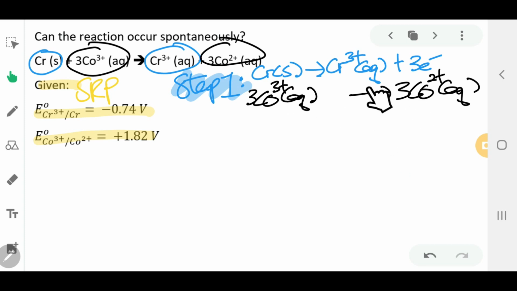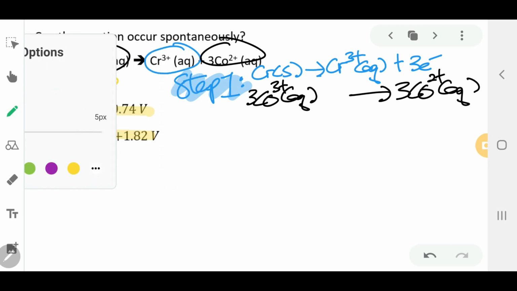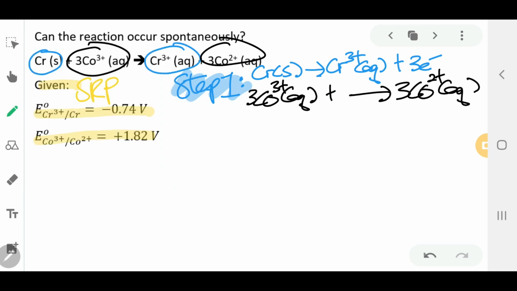And to balance this, you have 2+ over here, you have 3+ over here, and to make that 2+, we'll have to have plus 3 electrons, because you have 3 and then you have 3, then now it is balanced.